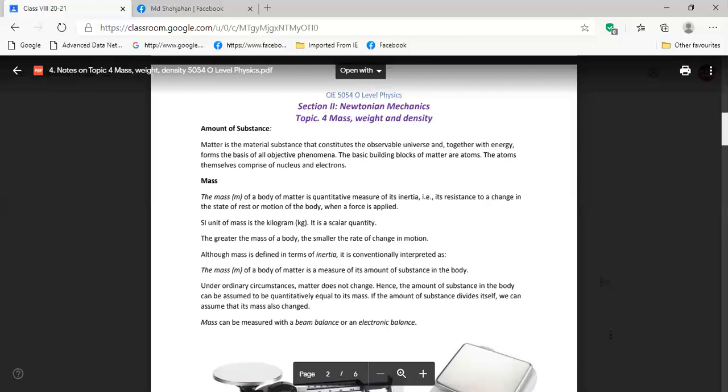The greater the mass of a body, the smaller the rate of change in motion. Although mass is defined in terms of inertia, it is conventionally interpreted as the mass of a body of matter being a measure of its amount of substance. So we have both the definitions here, right?